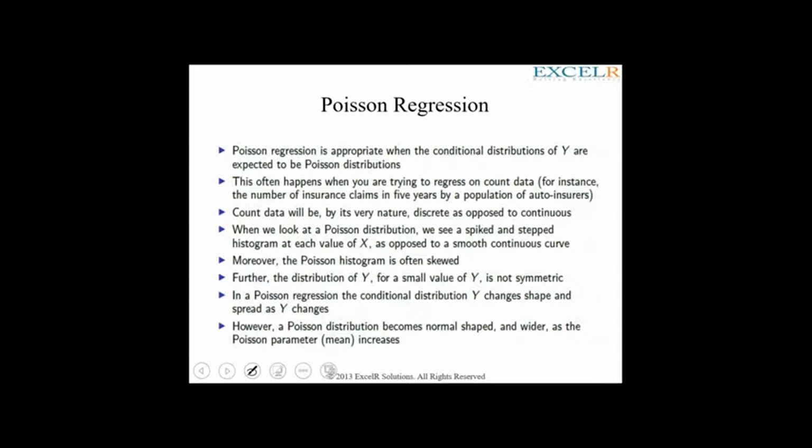right? And the probability distribution function equation for Poisson regression is P of x is equal to e raised to the power minus lambda, lambda raised to the power x divided by x factorial. And here lambda is equal to mean.